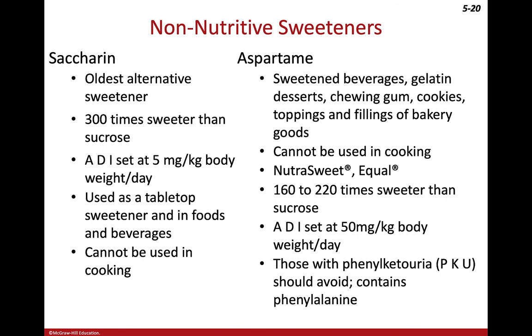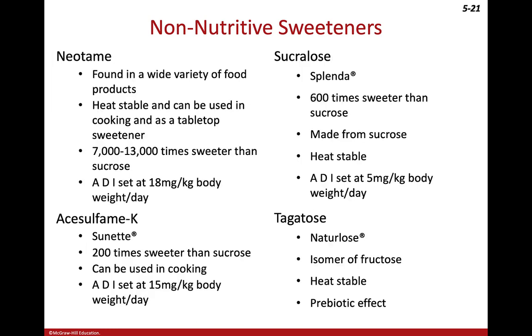One concern that is legitimate about aspartame is for people that have the condition PKU. These are individuals that cannot metabolize the amino acid phenylalanine. That is found in aspartame, and that is why you'll see this warning on anything that has aspartame in it: individuals that have this disorder have to stay away from aspartame.